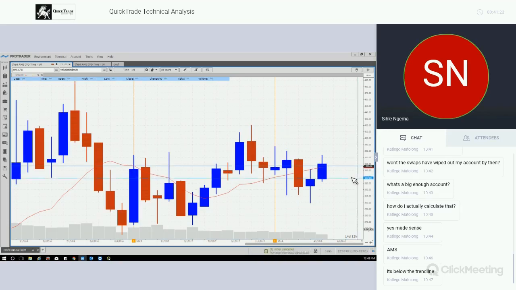Okay. Katleho, why are you saying it's below the trend line when it's above the trend line here? It's above the trend line on the May bar. Why are you saying it's below?